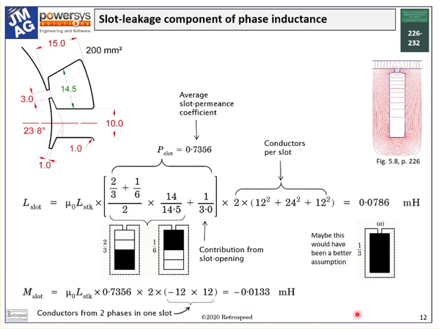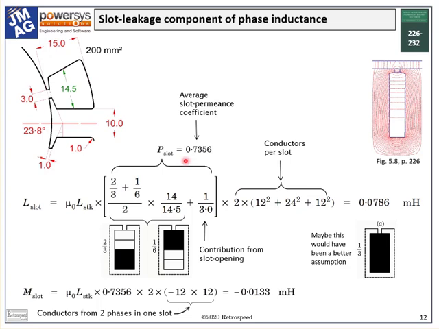Next we have to calculate the slot leakage inductance. This is a very common standard calculation in which we use the slot permeance coefficient and the square of the number of conductors in each slot. Again, we can find this formulation in every serious textbook on electric machines.